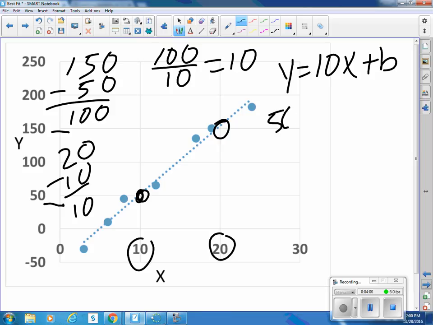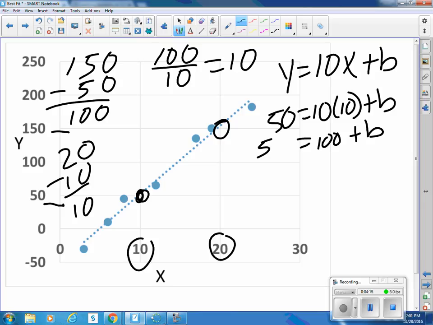So 50 equals 10 times 10 plus b. So 100 plus b equals 50. So if I subtract 100, that gives me negative 50 equals b.